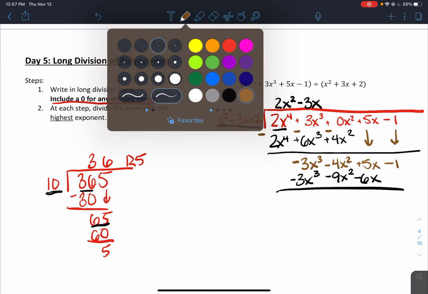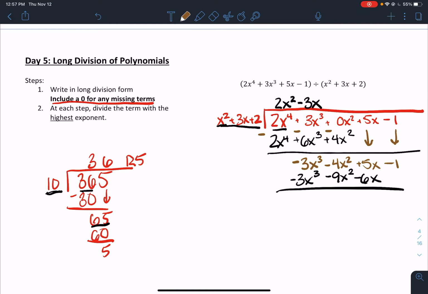And then remember, I'm going to subtract every term. So I'm going to add 3x cubed, add 9x squared, and add 6x. When I do that, I get 5x squared plus 11x minus 1.